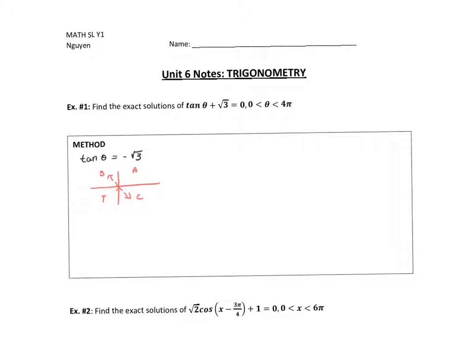So we have to think of those radian values that produce negative square root of 3 initially in our 0 to 2 pi interval. So what are our two values? Tangent of what radian value gives me negative square root of 3? Tangent of pi over 6 is equal to radical 3 over 3.